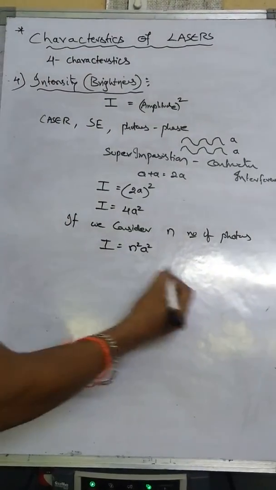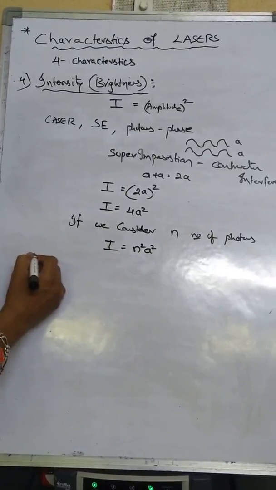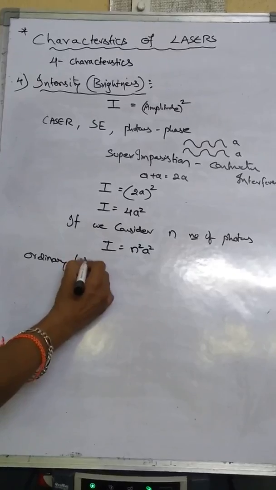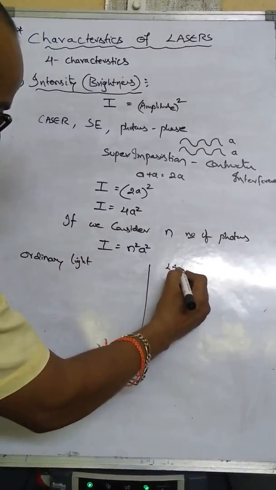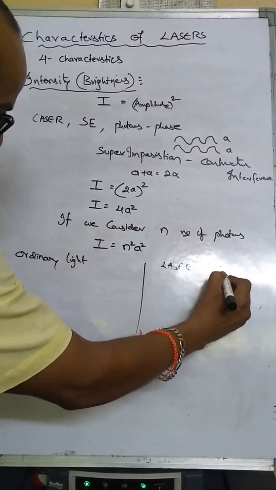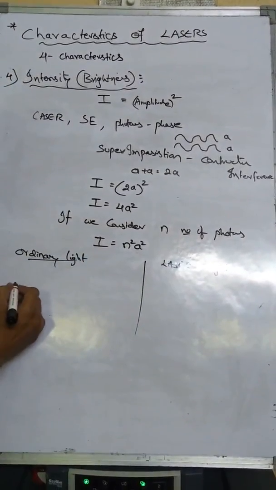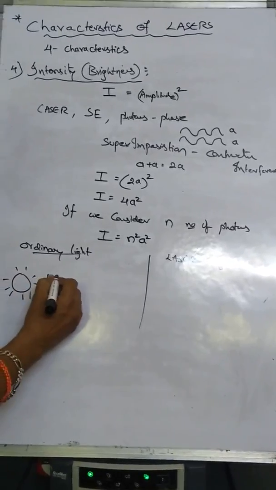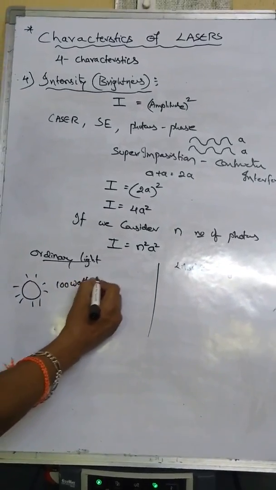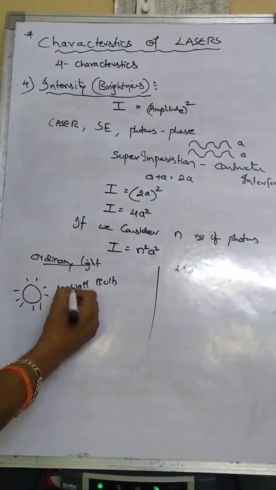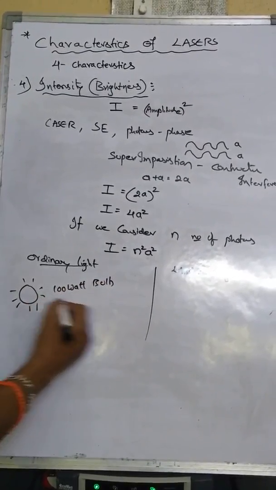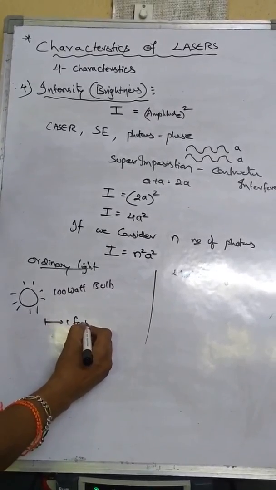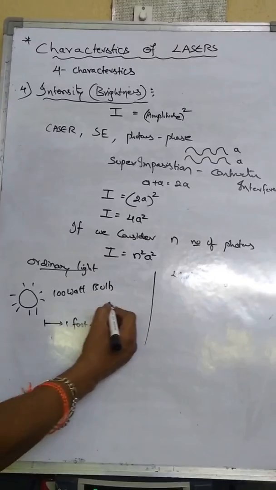For example, let me give a comparative diagram for the intensity of an ordinary light and of a laser light. For ordinary light, if I take a 100 watt bulb, then you can feel the intensity at a distance of 1 foot.